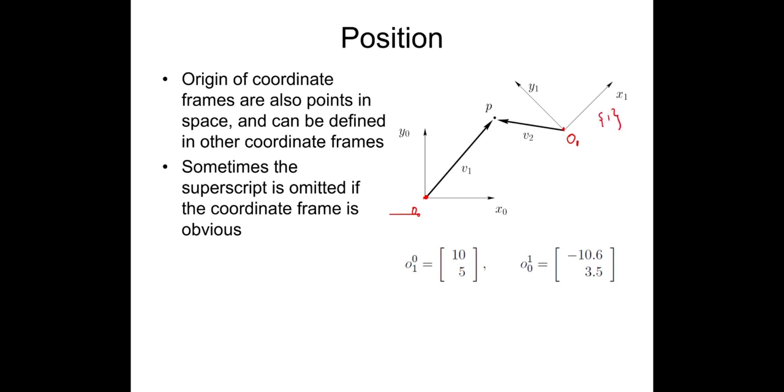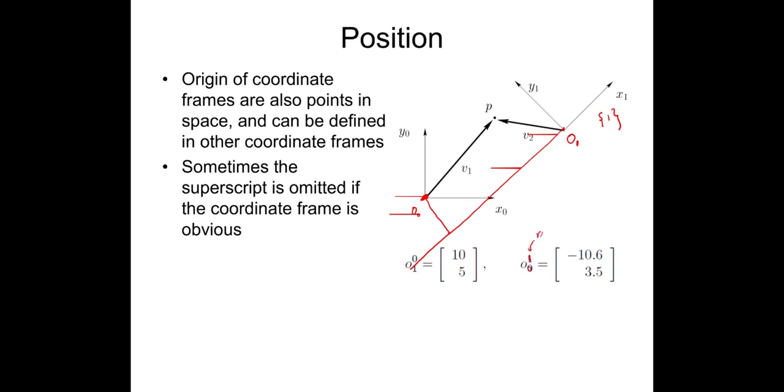So then my question is, what is the position O0 in the one frame? If we want to do that, here is my x1 and this is my O1. If we want to consider the position of O0 in the frame 1, we write the position of that, that is O0 in the frame 1.